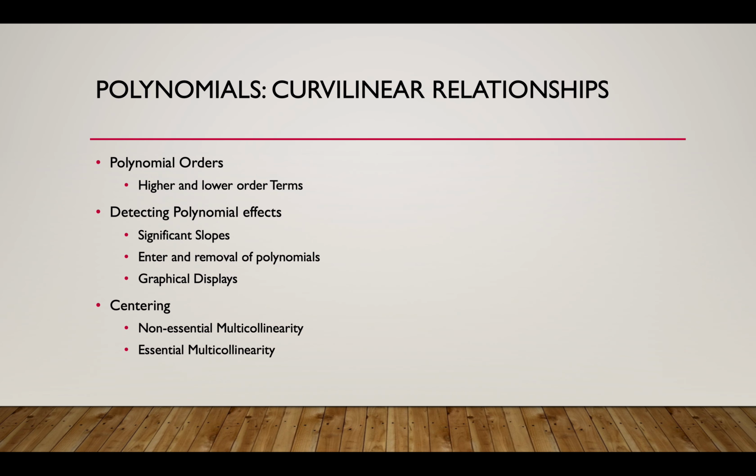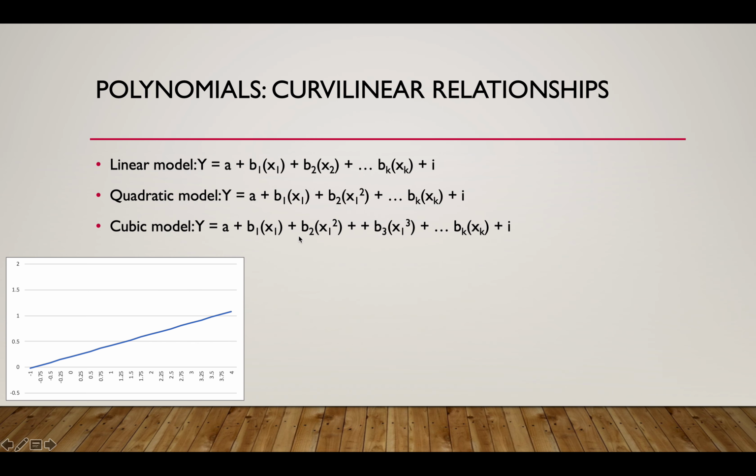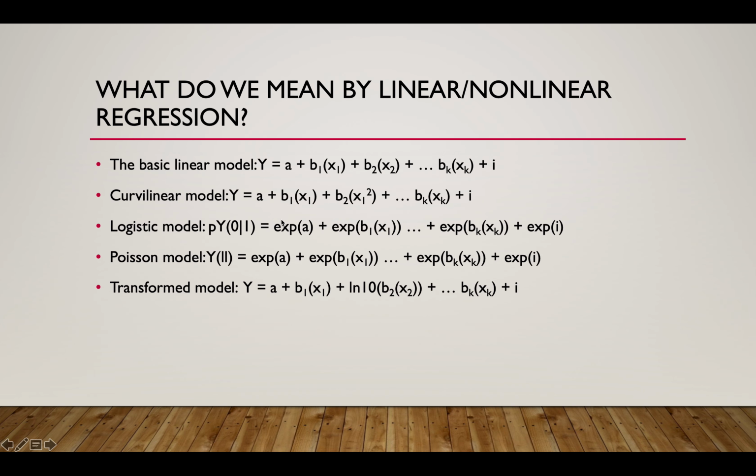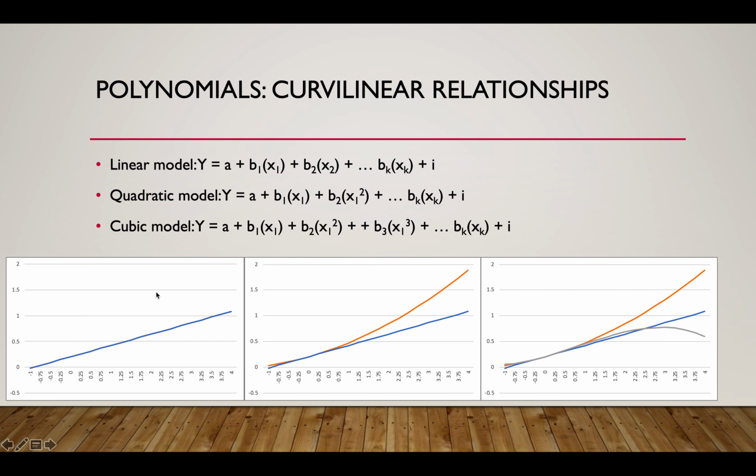So let's talk about orders, because in polynomial regression, you can see here we are gradually adding a squared x and a cubed x, right? And so we have what is called higher and lower order terms. This is the higher order term.